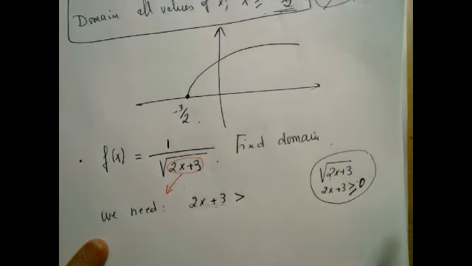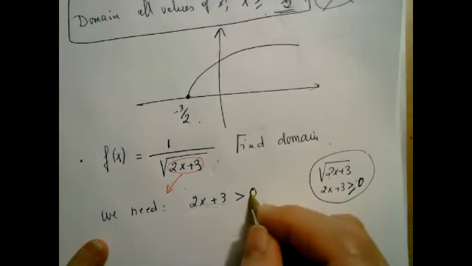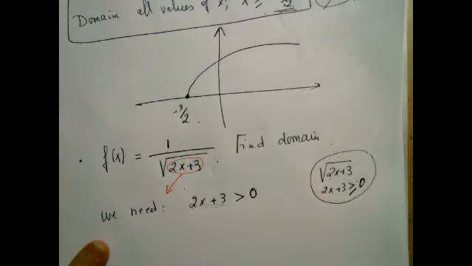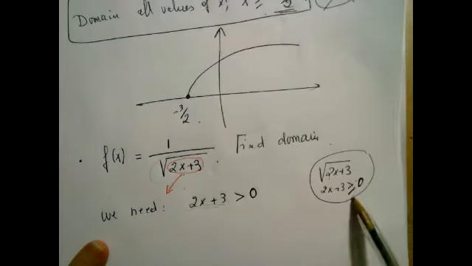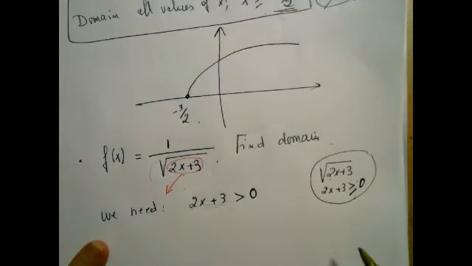It's not allowed. So what I want is 2x plus 3 to be strictly positive, because I cannot allow this to be 0. So in the previous case, because this expression was not in the denominator, it could be 0. Here I have to remove the condition. I cannot allow this to be 0.